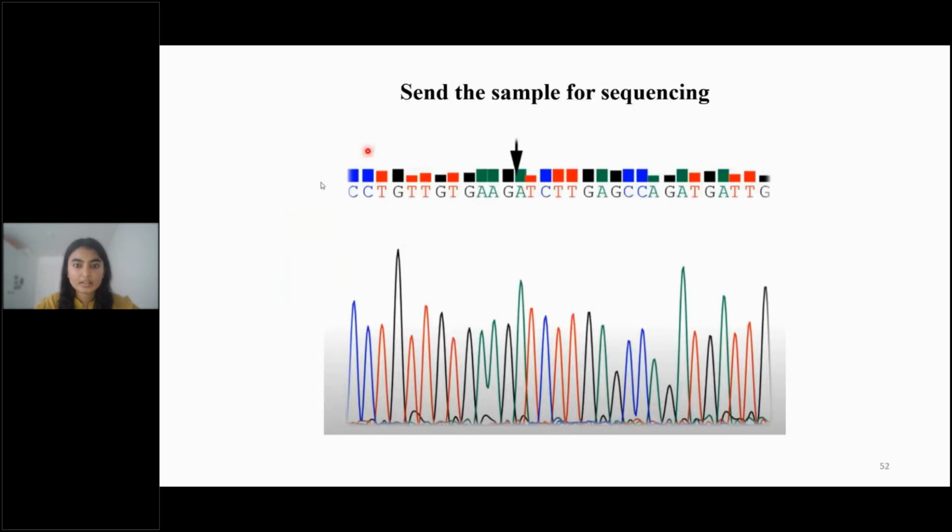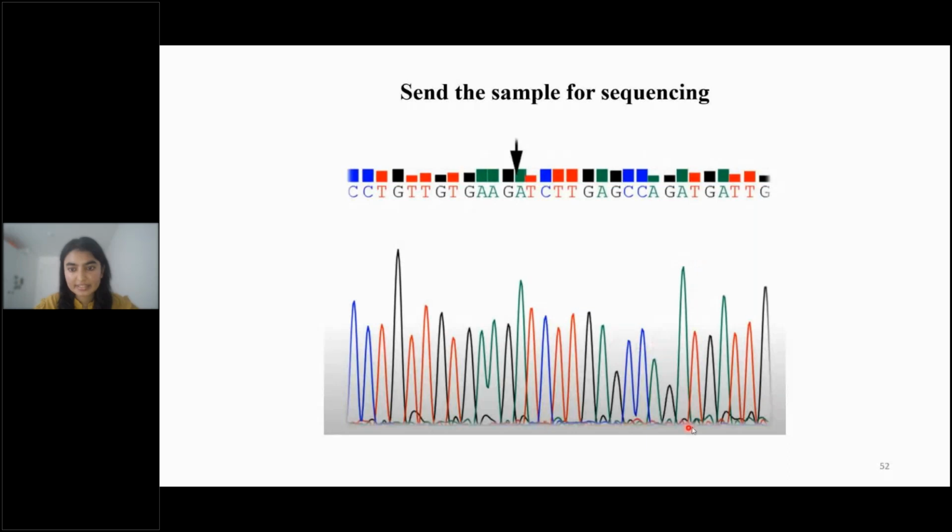And if we think, okay, there is a good band, and it means maybe the gene is knocked out, and you still need to be sure, then you can send the sample for sequencing, and this can be done by Sanger sequencing or something like that. And then you can see every peak is a different color.